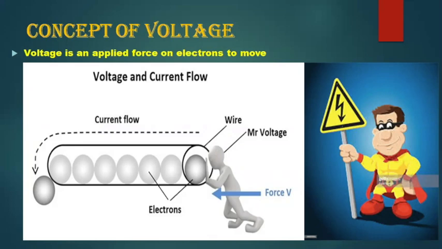So voltage basically is, you can say, a man which will push the electrons through the wire so that current flows from one end to the other end. Just like you push the door in order to close it or open it. So voltage is an applied force which makes the electrons move in a circuit.